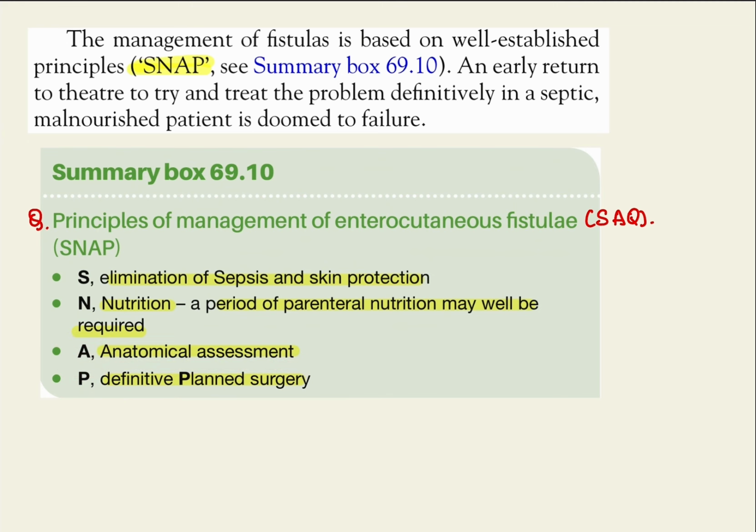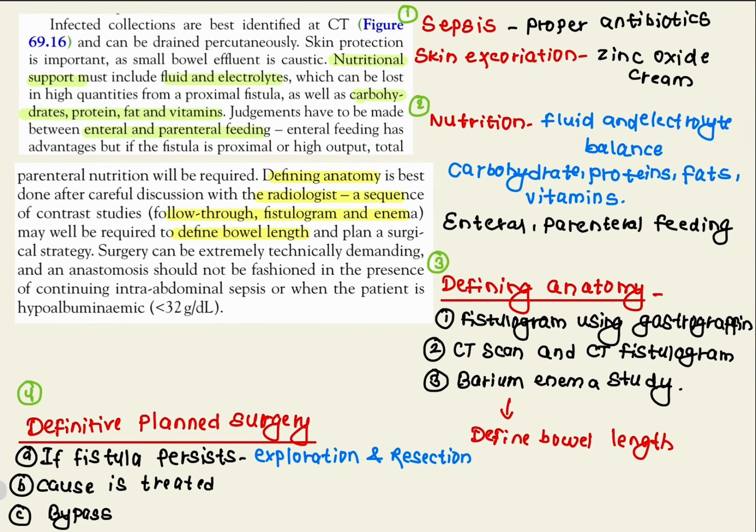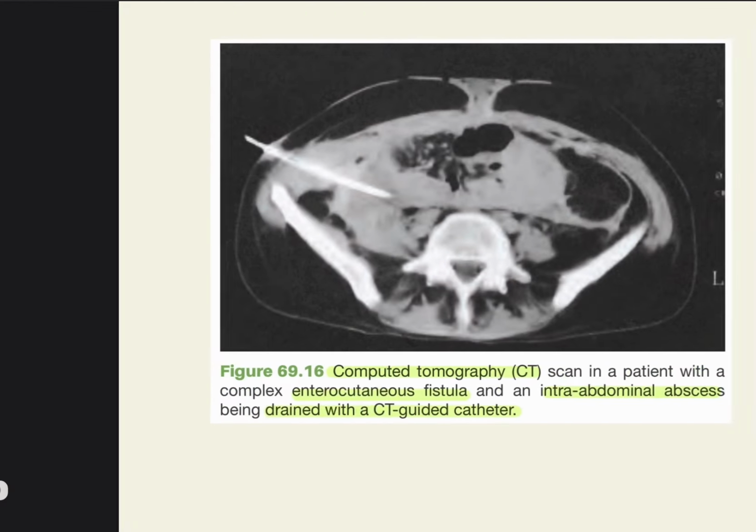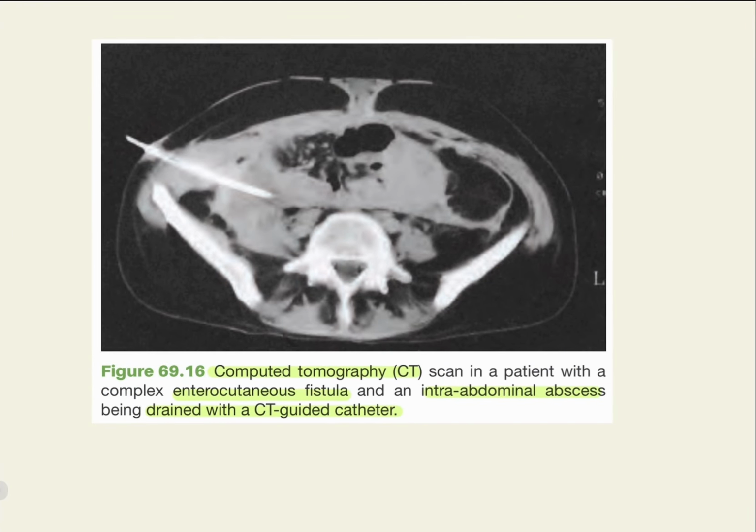To look at this in detail, first sepsis. If there are any infected collections, first they need to be seen by CT scan. Here in this picture we can see a CT scan of a complex enterocutaneous fistula, and here an abscess has formed which is being drained with a CT guided catheter.